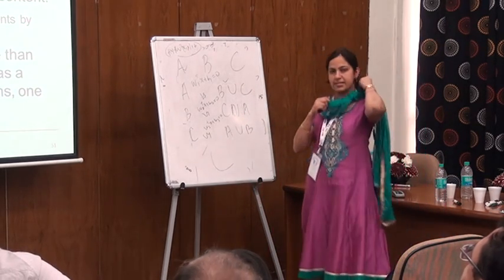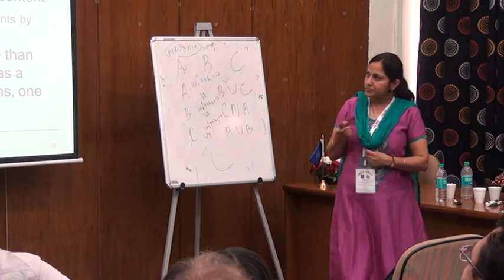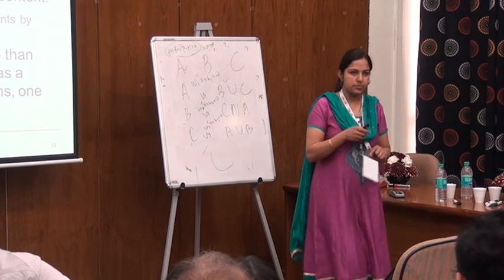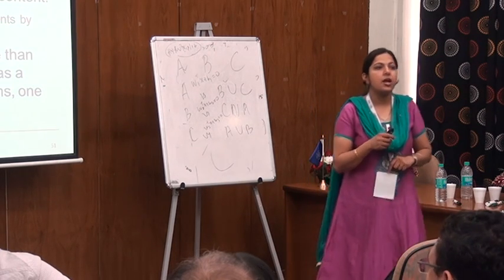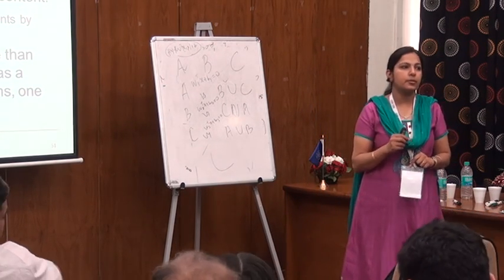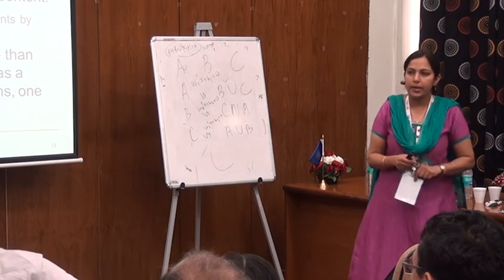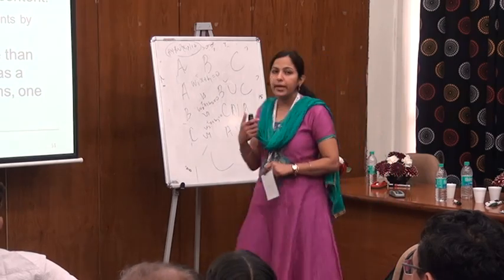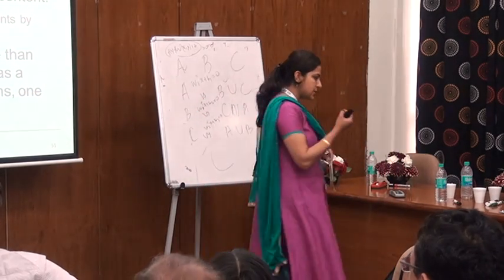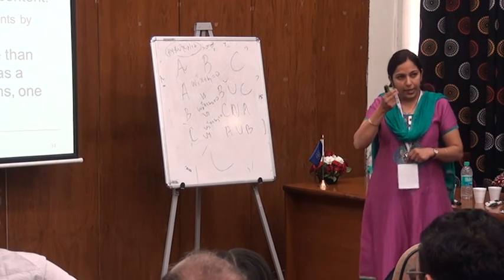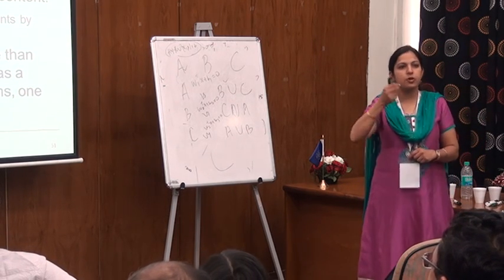The next is text categorization. I mainly took this example because some of you are working in text categorization, right? So if you see, the problem is both the features and the data. Why? Because how do you make the features? After deleting the stop words, you pick up the words and those words become your features.